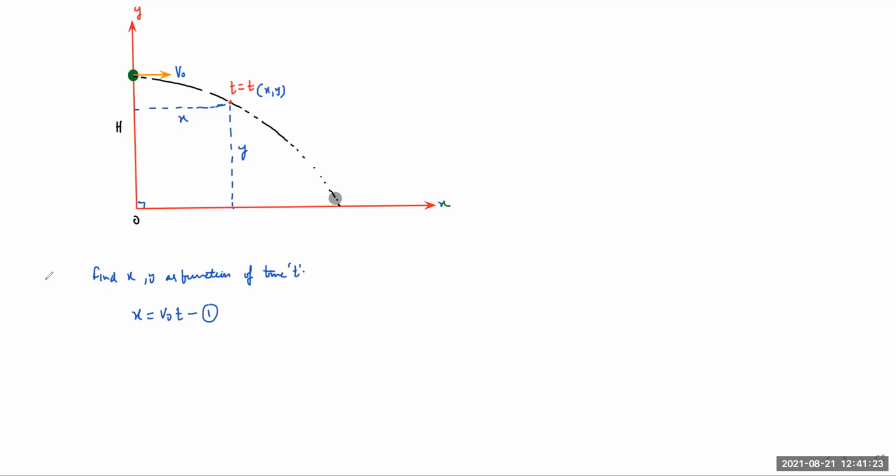Okay. What is the formula for vertical displacement, by the way? Sir, the formula is the square root of 2h by g. See, my question is what is the formula in terms of time t?